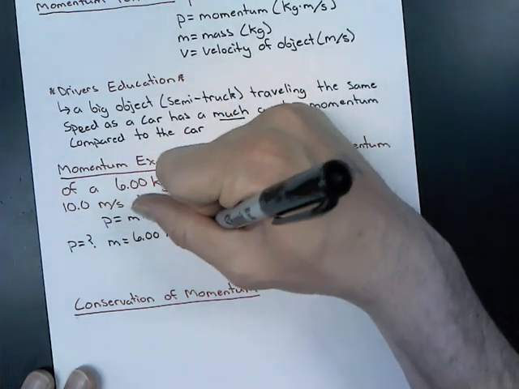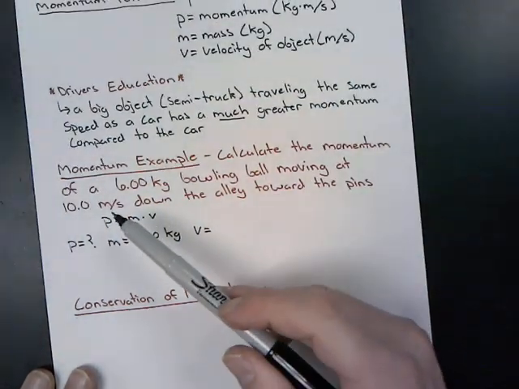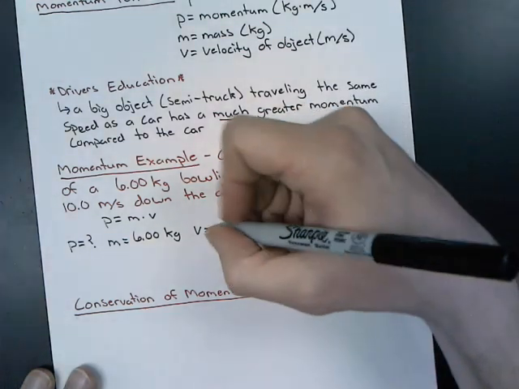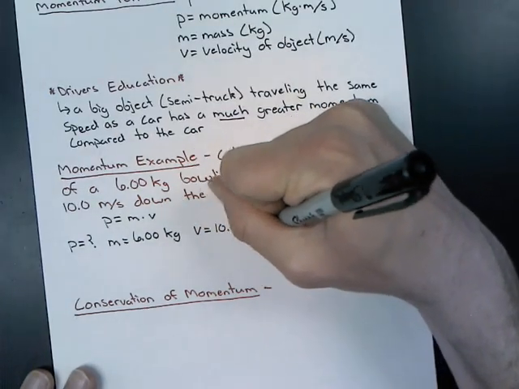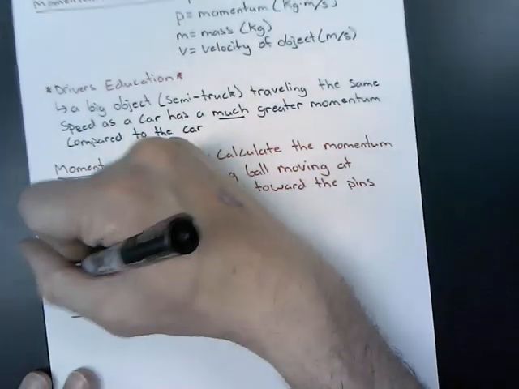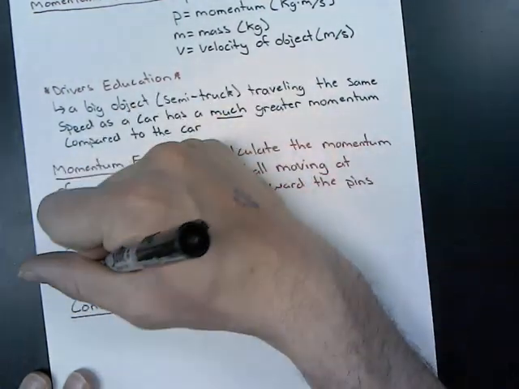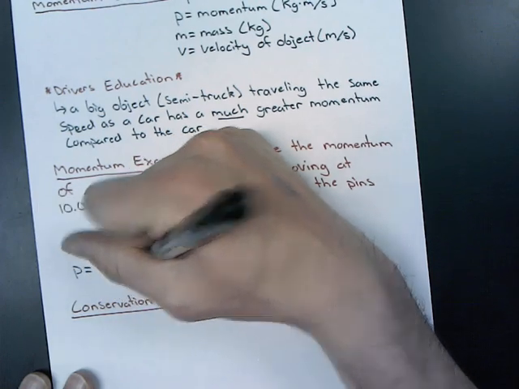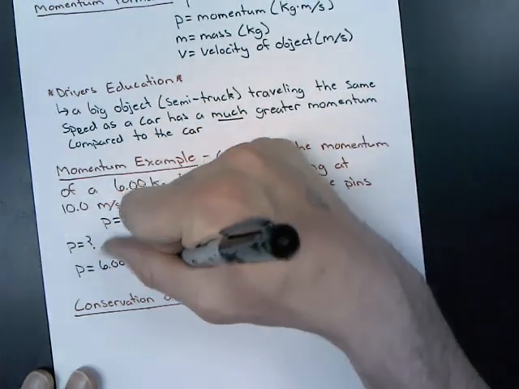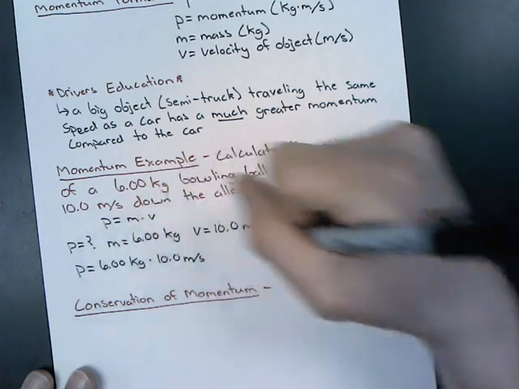And then the velocity is going to be the speed of that particular object, which in our example here is 10 meters per second. So we just put that back into our equation, and we take 6 kilograms times 10 meters per second.